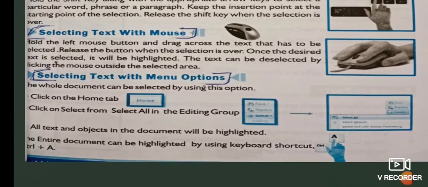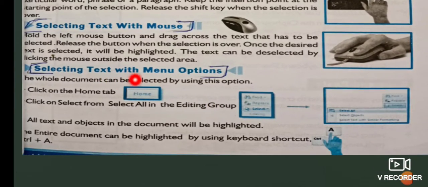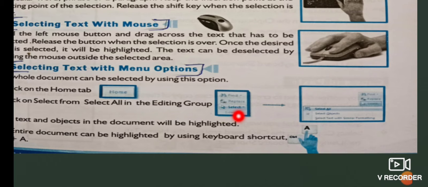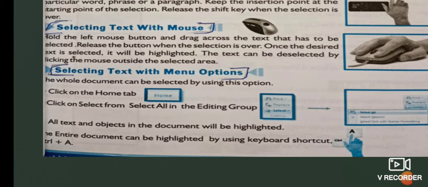And then the third method is selecting the text with menu options. You have to click on the Home tab, and in the Editing group you can see the option called Select All. And then you select the text.